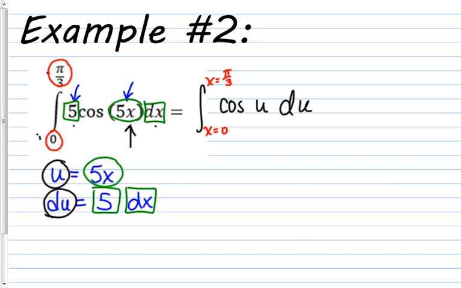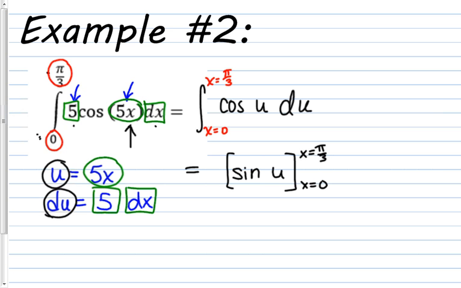Okay, so now integrate. So let's see. The antiderivative of cosine is sine. So sine u. And then I'm evaluating it from, let's see, x equals 0 to x equals pi over 3. Okay, so I integrated. I don't need the plus c because I have upper and lower limits.